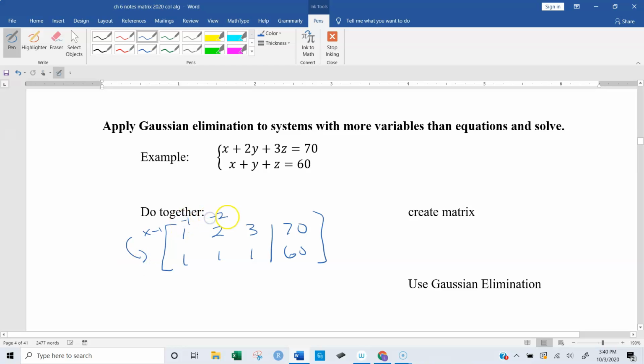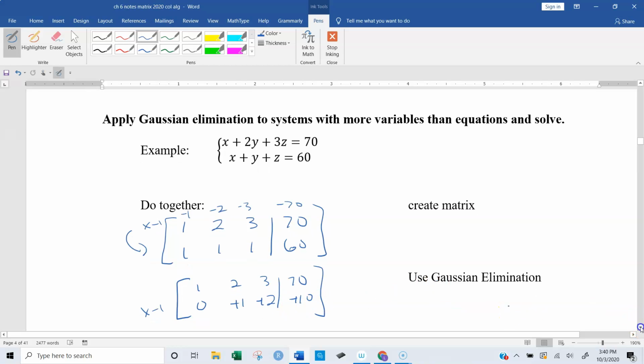So negative 1, negative 2, negative 3, negative 70. Add down. Remember, the first row does not change. My second row is now 0, negative 1, negative 2, negative 10. I don't like all those negatives, so I'm just going to multiply by a negative 1. And those are my new equations.